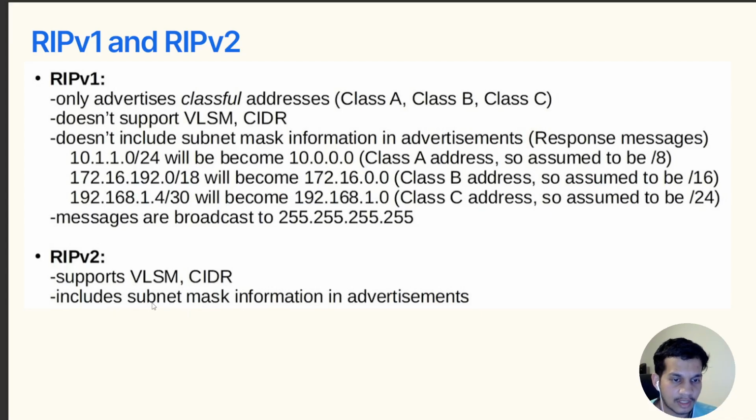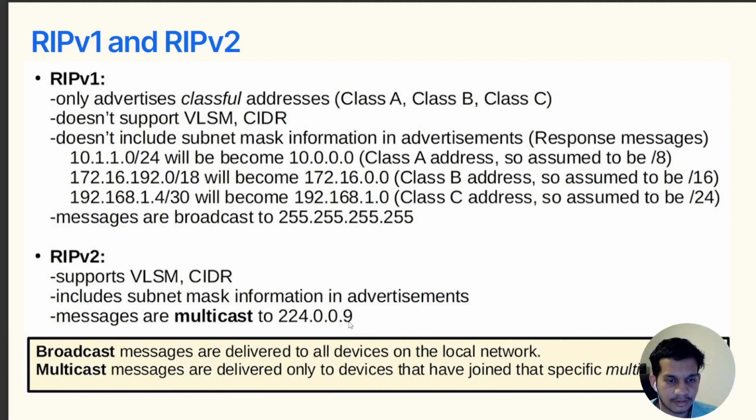It includes all the subnet mask information in the advertisement, so the address will be taken as it is in the network, and not like a /24 class C being considered as class A. Messages are multicast to 224.0.0.9, as you have seen in the IP address video that multicast belongs to class D addresses. Broadcast messages are delivered to all the devices on the local network, and multicast messages are delivered only to devices that have joined the specific multicast group.